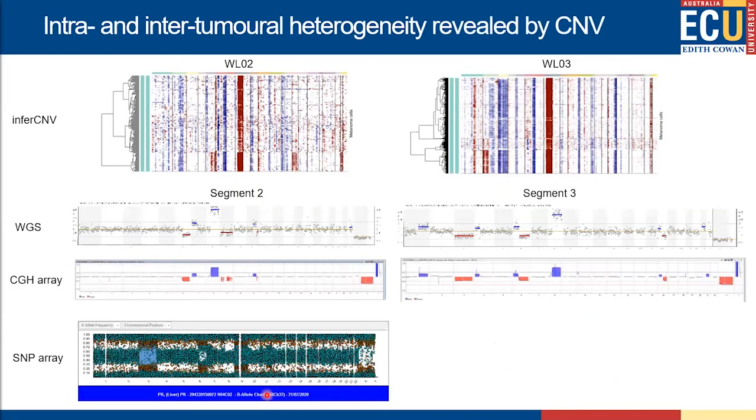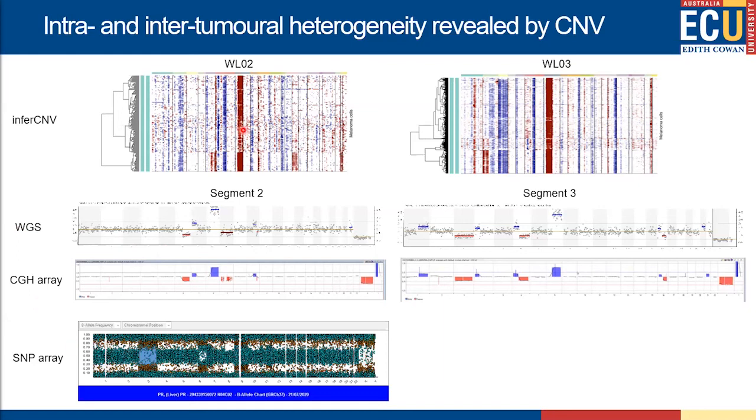But also when we look at these two tumors, first by inferred copy number variation, we observe the lack of monosomy 3 in the tumor from segment 2, whereas the tumor from segment 3 had a clear monosomy 3 in addition to a number of copy number alterations, which was clear also in whole genome sequencing, as well as CGH array.